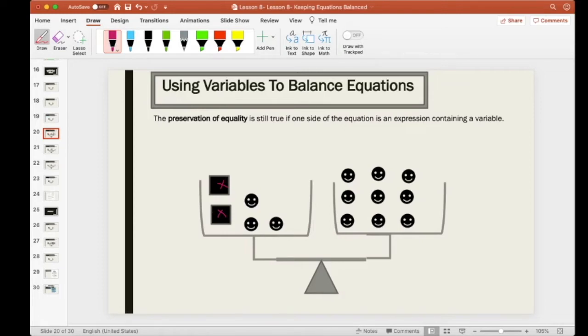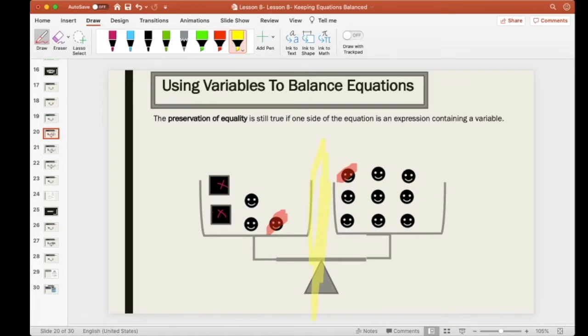I'm going to use a red highlighter to cancel out some images, and this is called balancing. I'm going to remove one smiley face, but by the preservation law of equality, I should remove a smiley face from the other side too. What you do to one side, you have to do to the other. Remember our invisible force field, our barrier, it's right here.